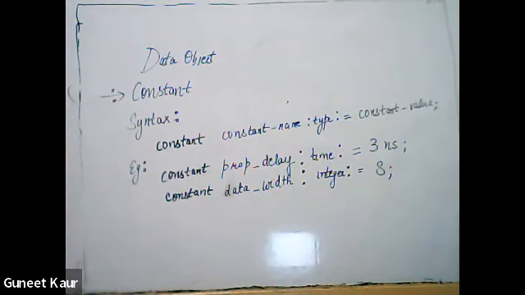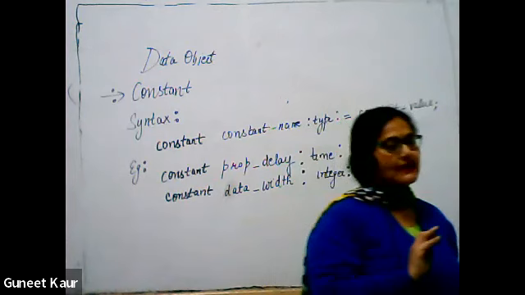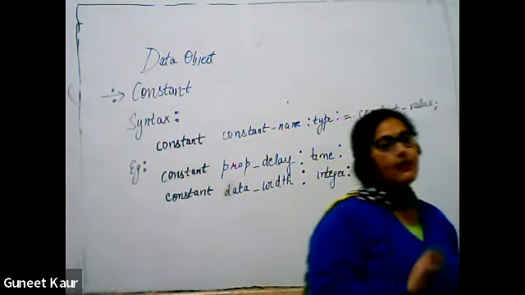So actually there are 3 places in which a constant can be declared. We can declare the constant in 3 places in the VHDL code. One is in the entity, second is in the architecture, and third is in the package.